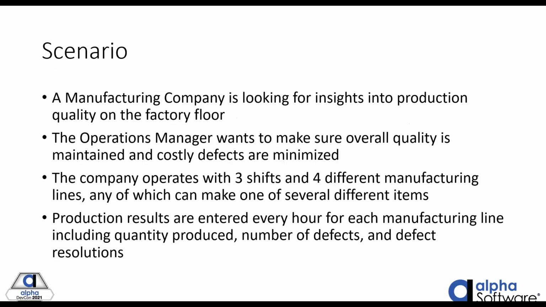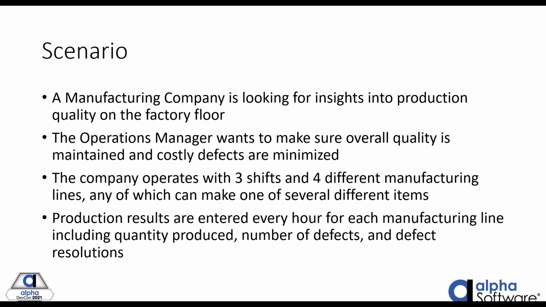The scenario that we're going to work with here is a manufacturing company, and they're looking for production quality insights on their factory. They have an operations manager who's in charge of overall quality, and they want to minimize defects because those have real cost concerns for them. This company has 3 shifts, 4 different manufacturing lines, and any of those lines can make a number of different products.